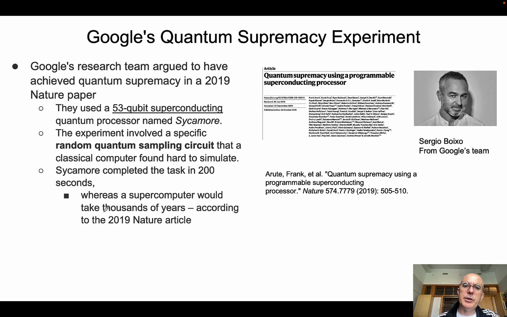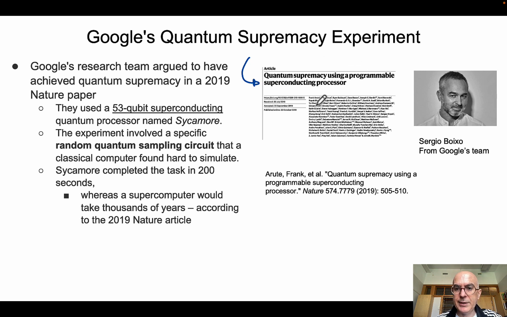If you heard about the term quantum supremacy, you probably heard about it in connection to the famous Google quantum supremacy experiment. The Google research team, together with collaborators, argued to have achieved quantum supremacy in a 2019 paper published by the Nature journal that I show here on these slides.